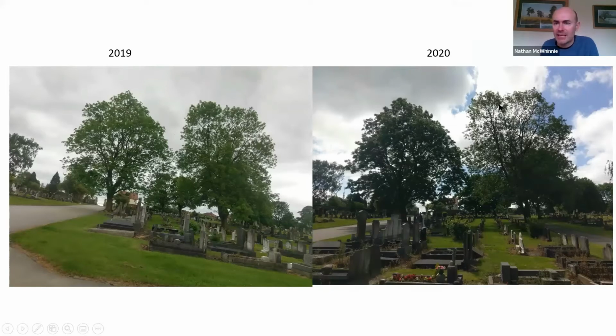In 2020, the one on the right is declining a bit further, but it's quite difficult to tell because the conditions are slightly different. It's slightly brighter behind it. So ideally, we've been going back and recording the same trees from the same viewpoint to trace the decline, but you can never entirely perfectly replicate the conditions. So that's a bit frustrating.